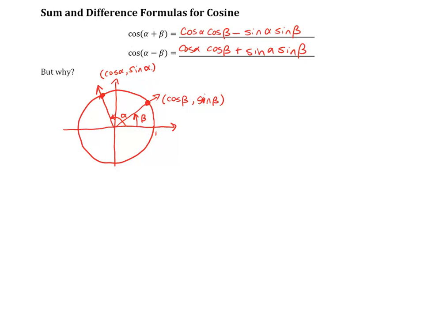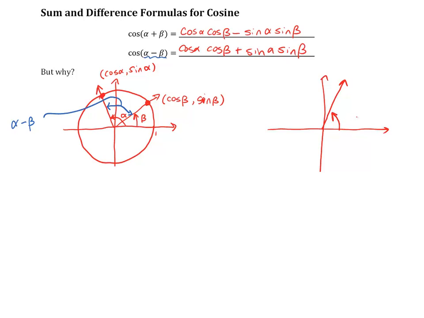Then I want you to think about what this angle right here, inside there, is equal to. Since it's all of alpha with beta removed, this angle turns out to be alpha minus beta. So let's redraw that same picture again, only now the angle I want to draw is this alpha minus beta, which appears to be about this big.